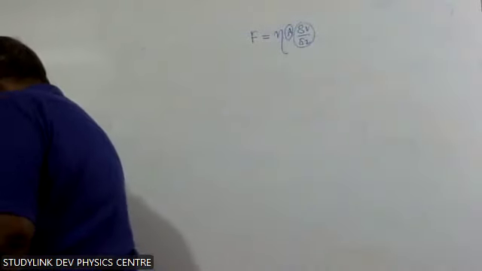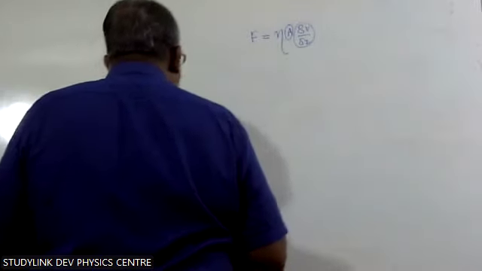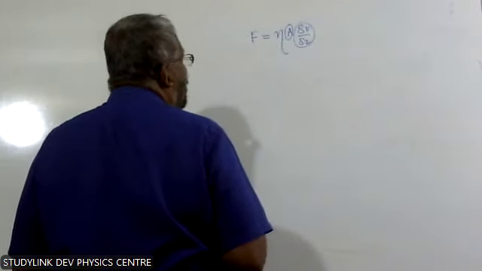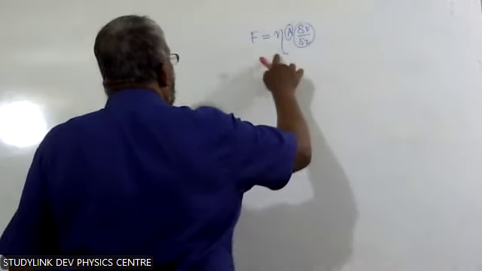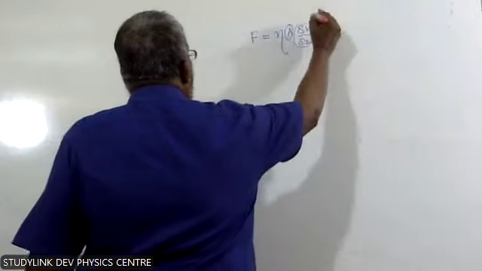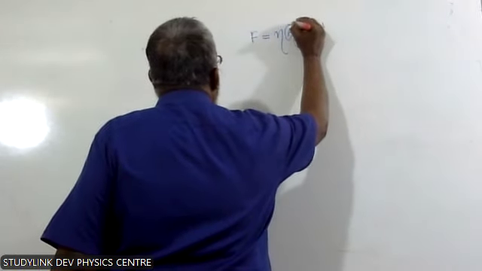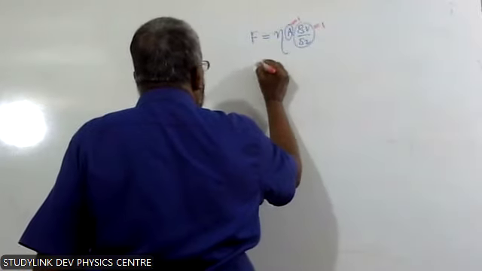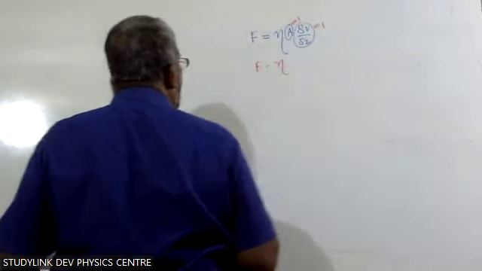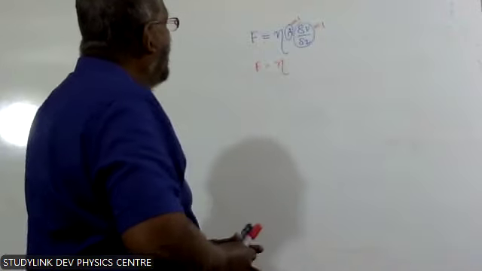Now consider like this. Always what we do is we make everything 1 except the needed one. Then here this is 1, this is 1. Then what happened? F is equal to eta. From there you can define.